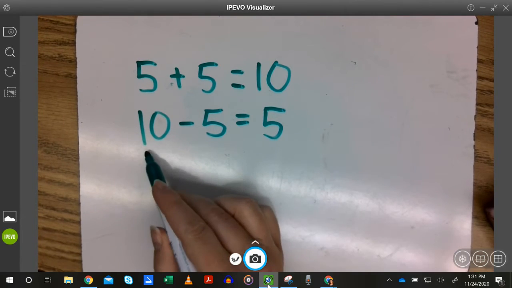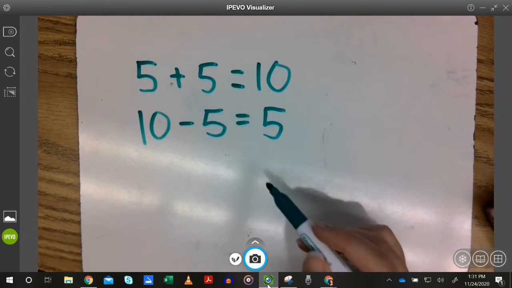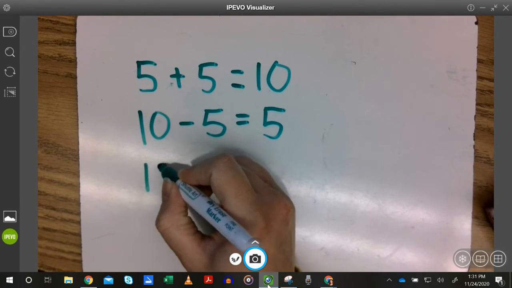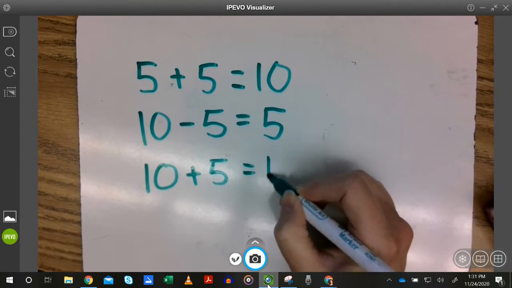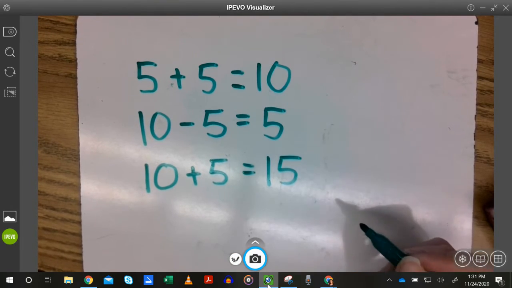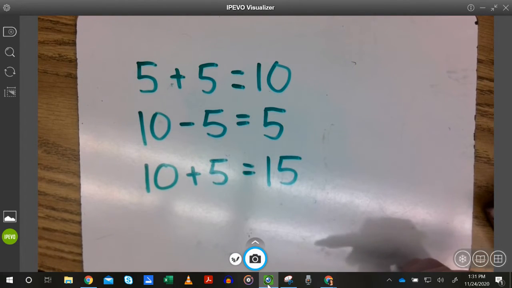Again, we can take the 10 apart, break it into 2 groups of 5. What if I have 10 plus 5 equals 15? Well, we know that's true because 5 can bump out the 0, right? So those are some quick math facts we know.